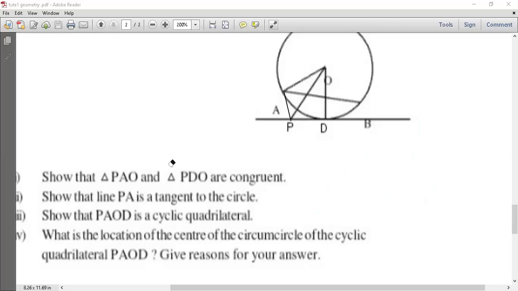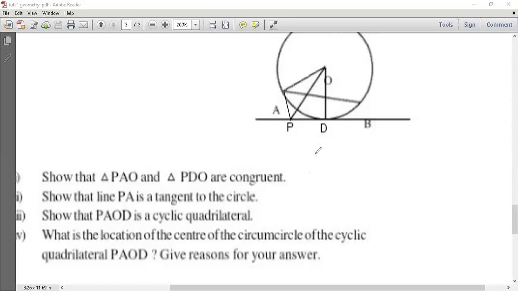In the second question, show that the line PA is a tangent to the circle. We can use the previous answer for this question also. In congruent triangles, corresponding elements are also equal.